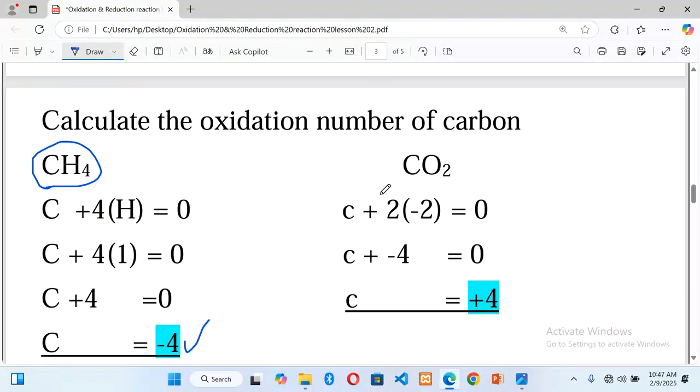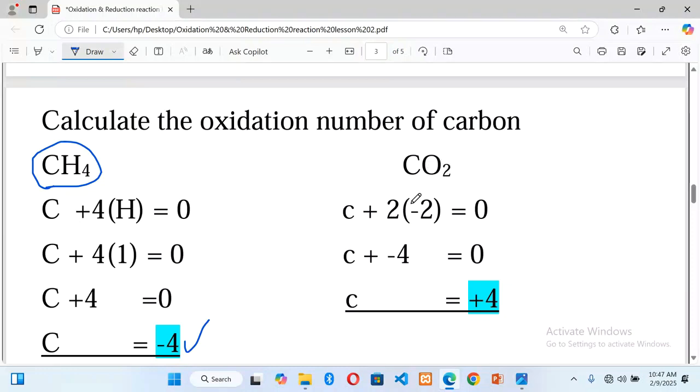And when we come here, we are seeing carbon dioxide. What is the oxidation number of carbon in carbon dioxide? The same. This is still a neutral molecule. It doesn't have any charge. Therefore, we equate the sum of oxidation numbers to 0. So the oxidation number of carbon plus 2 times the oxidation number of oxygen, which is -2, equals 0. The 2 is coming from the 2 atoms of oxygen.